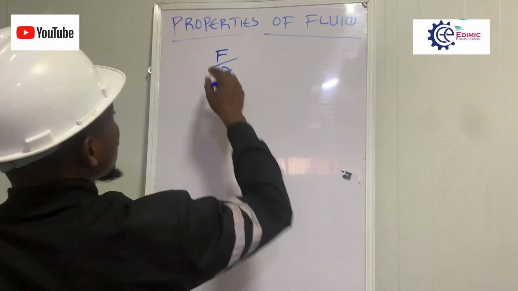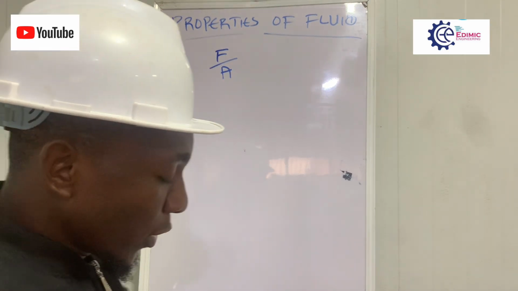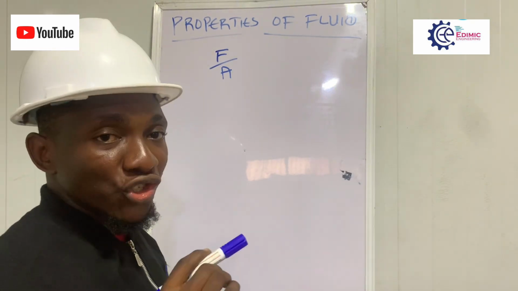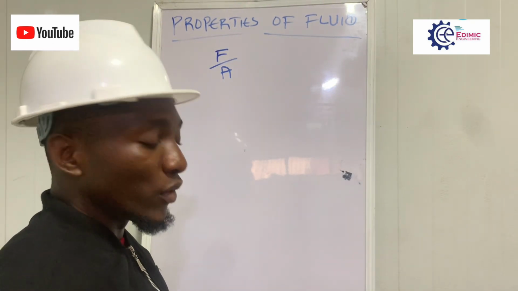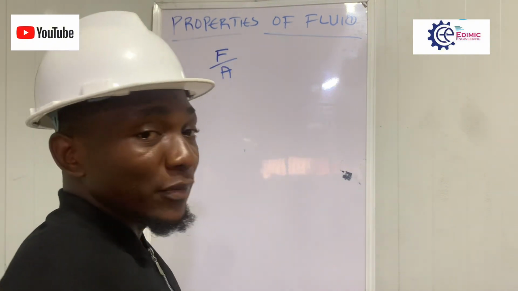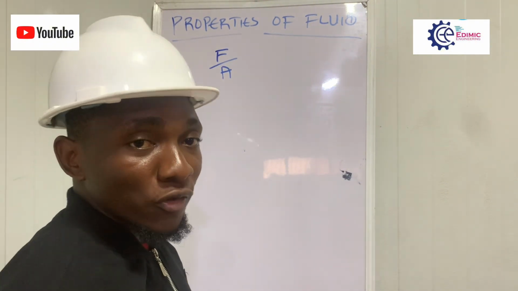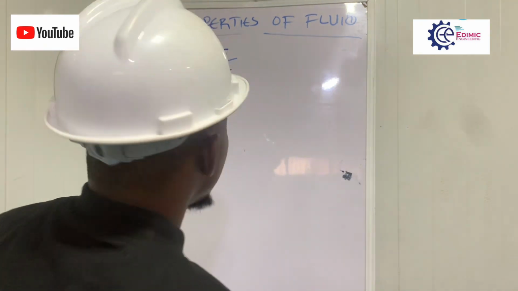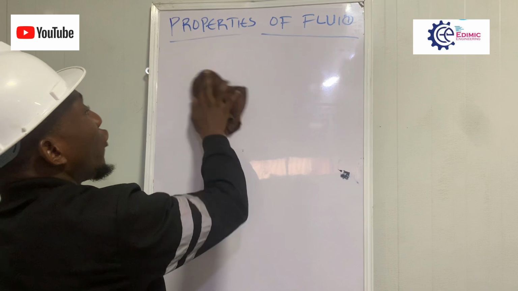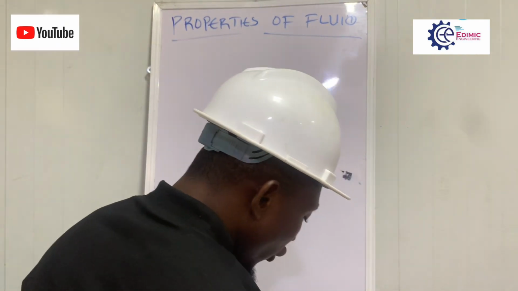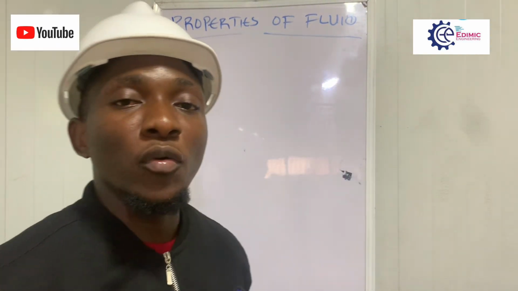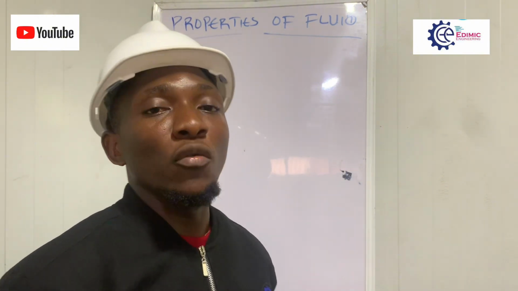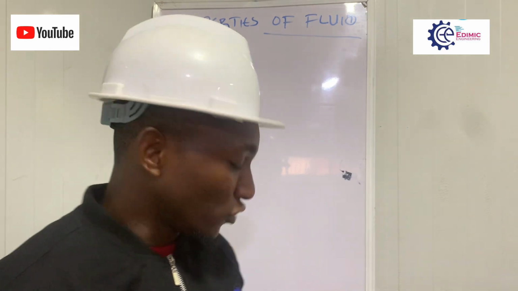So a fluid is any substance that deforms continuously when a shear stress is applied on it, irrespective of the size, even a small amount of force, the substance will deform. So in today's class, we are going into the physical properties of a fluid. Every fluid has its physical properties, and that is what we'll be discussing today.